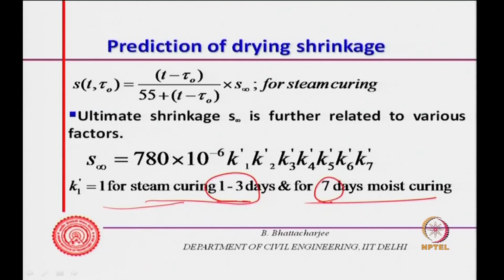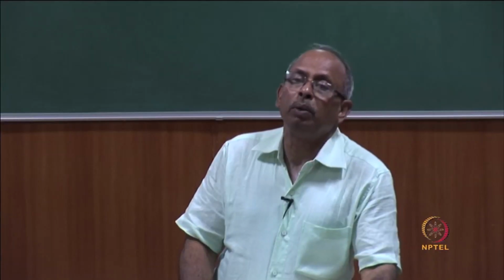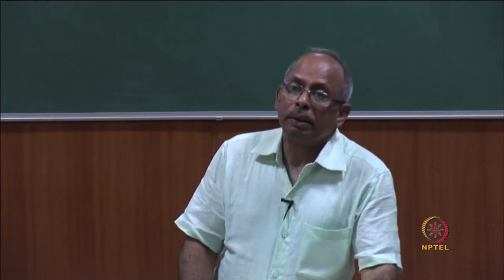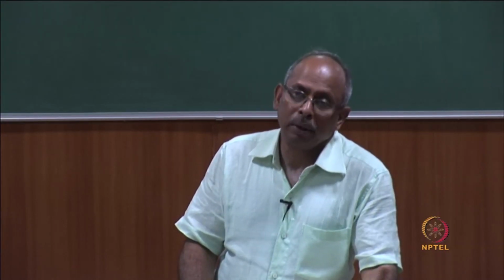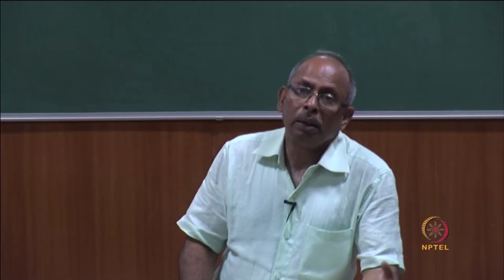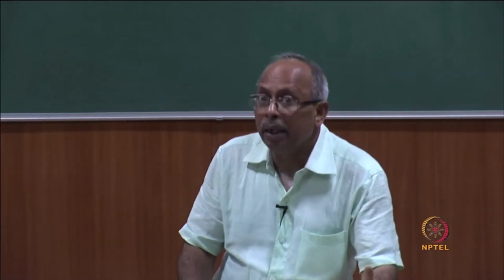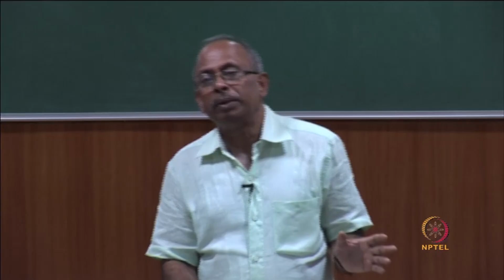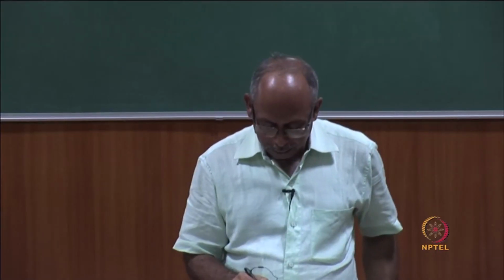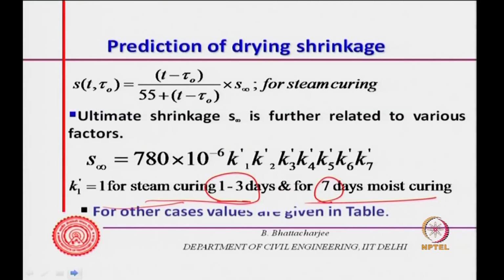It is 1 if you have done steam curing for 1 to 3 days, or 7 days if it is moist curing. We are talking of normal concrete again, and this is largely related to drying shrinkage prediction. So, if you do steam curing for 1 to 3 days or moist curing for 7 days, K1 could be taken as 1. So, that is the datum.